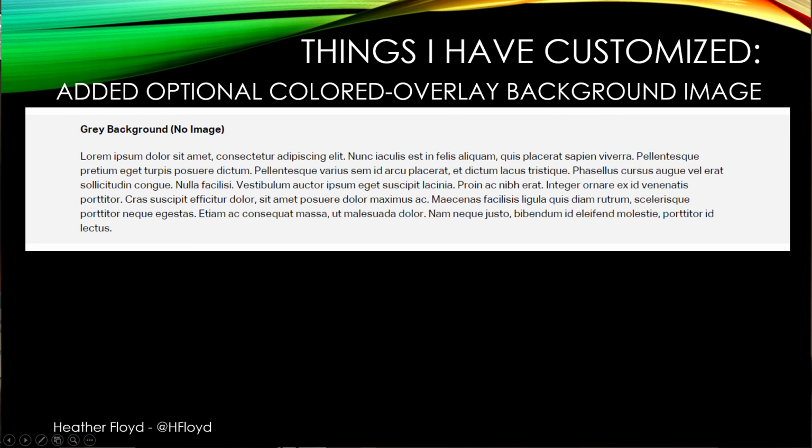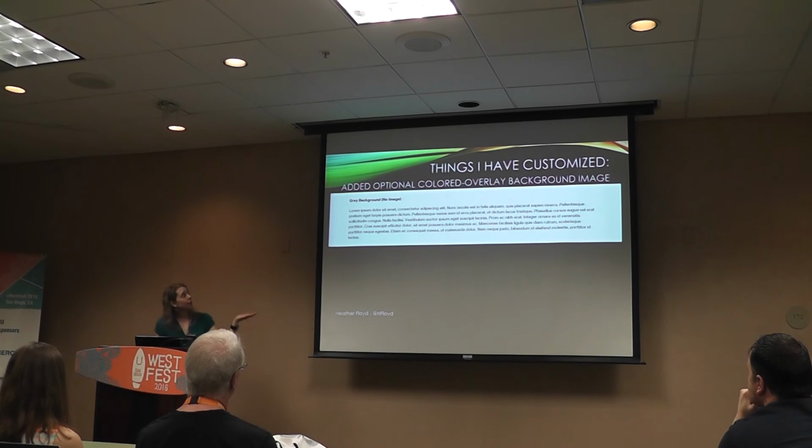The other thing is, it's pretty basic to be able to put on a background color or a background image, but we had some options where we wanted people to be able to select both and do a special overlay kind of thing, where your background image actually has a color overlay that's partly transparent. So if they want to pick gray as their background color, but they don't pick an image, cool, that's what you get.